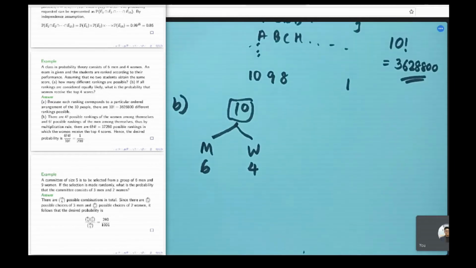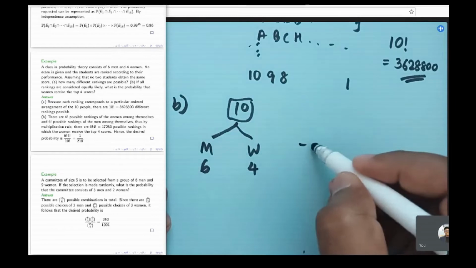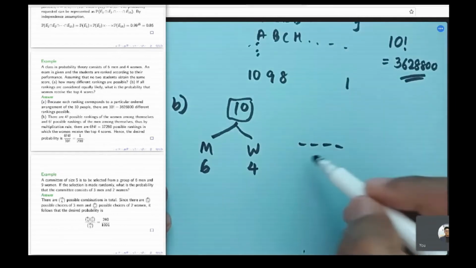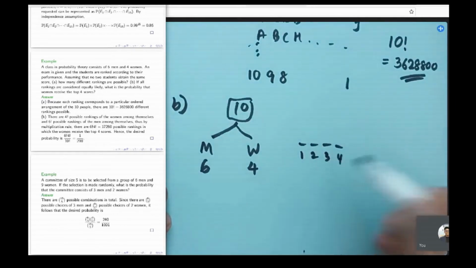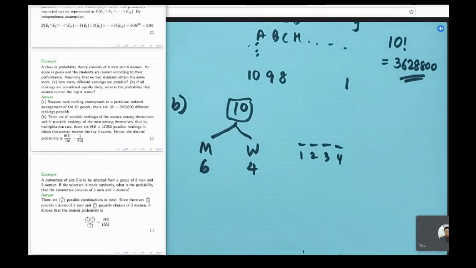To make it simple, let's think of the positions like this. These are the first, second, third, and fourth positions. There are remaining 6 positions because there are 10 individuals, and of course when you take 4 women, you have 6 men.